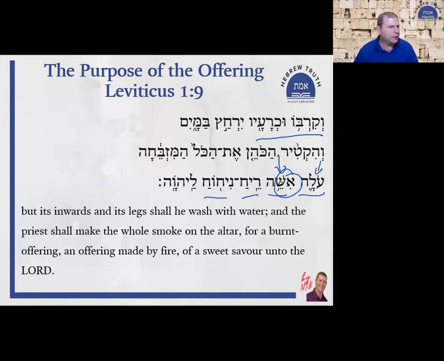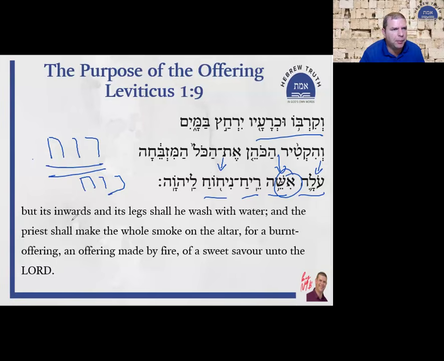Reach Nichoach. So we have two words that appear together. The word reach is related to the word ruach, spirit. Okay, breathing, wind. They're all the same ruach. Okay, and nichoach is related to odor, fragrance, but etymologically is related to the root for soothing.